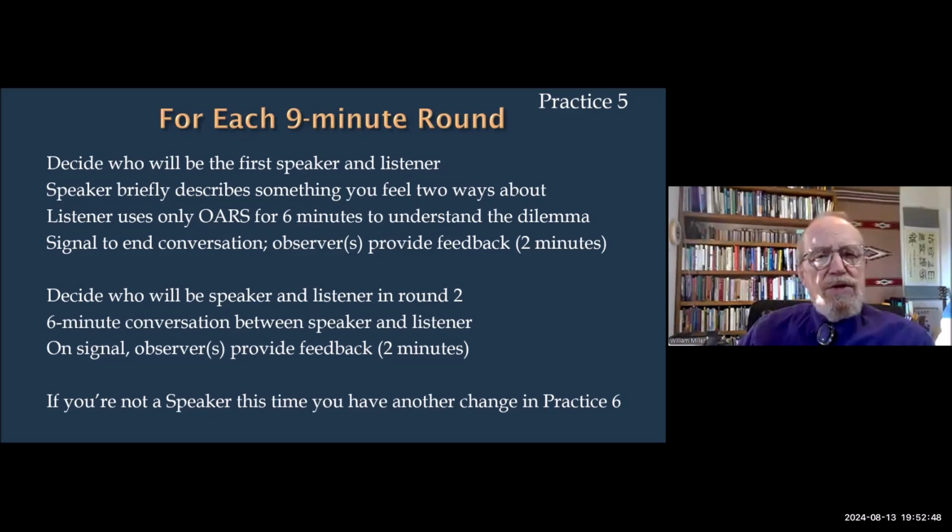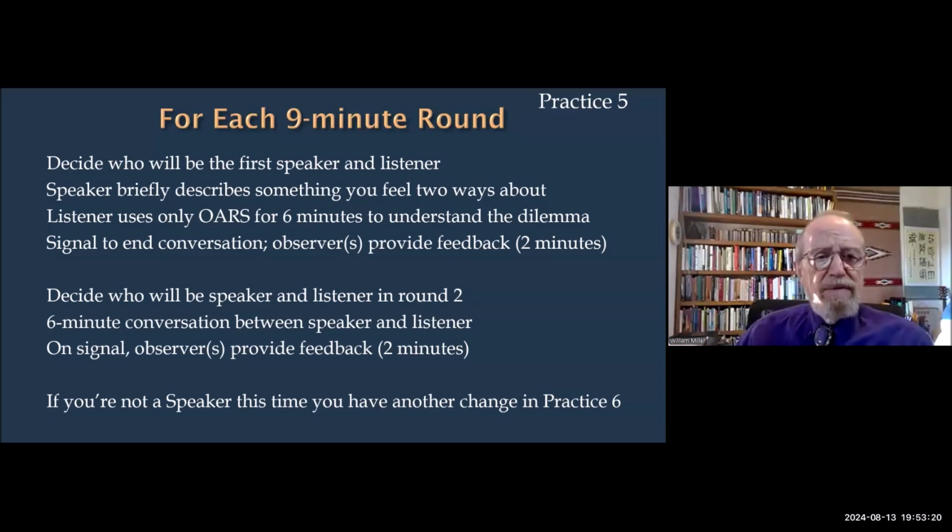The listener uses just OARS, and you'll have just 6 minutes to try to get an understanding of the dilemma. And then there will be a signal that will be provided by my colleagues in Bangalore that it's time to end the conversation after 6 minutes of conversation. At that point, it's time for the observers to give your feedback of what you observed. What was the balance of questions and reflections and so on.